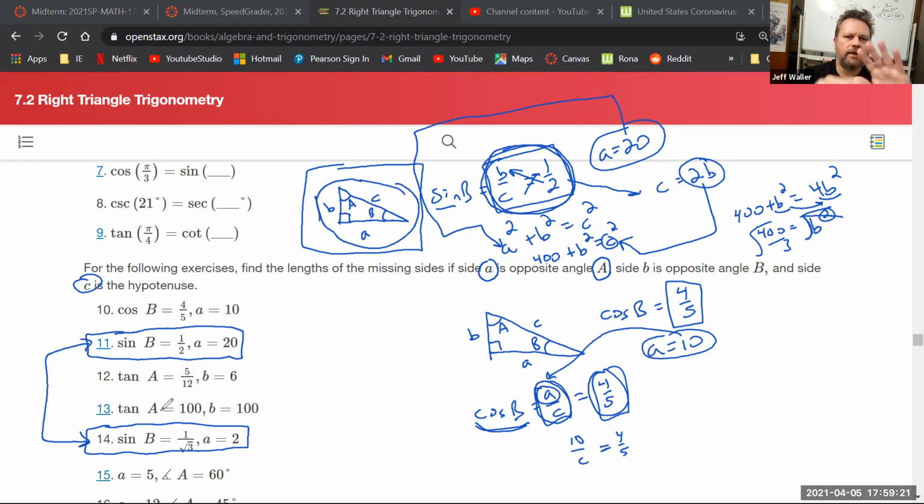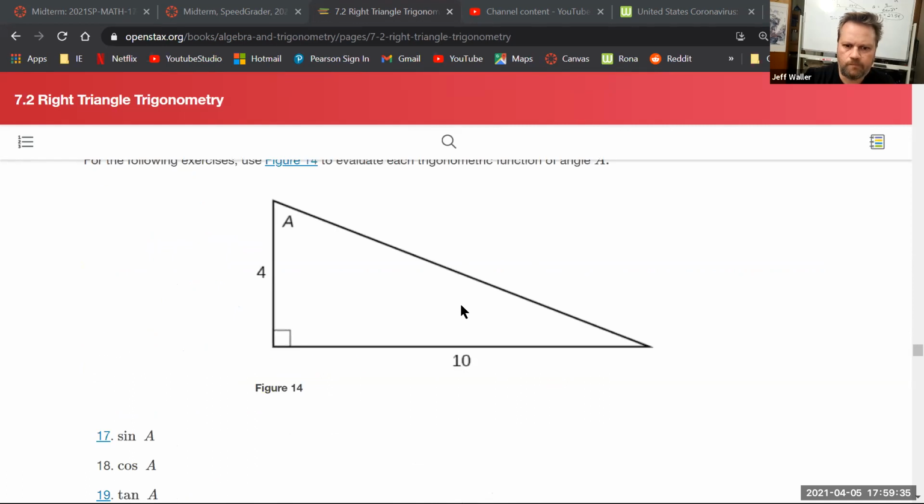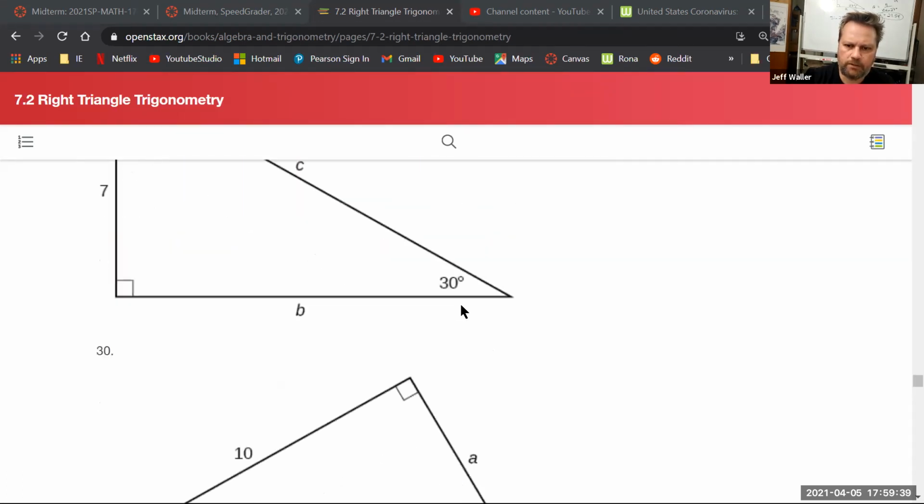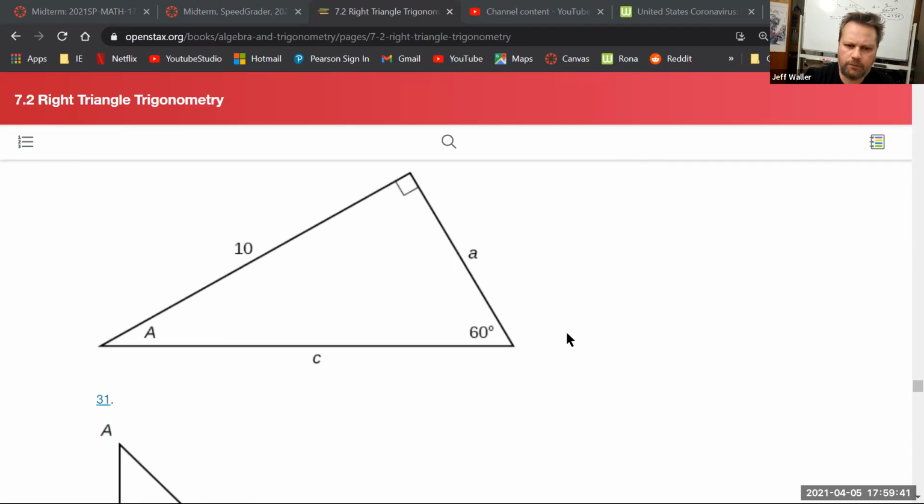Okay. Anything else from homework before we get back in? All right, let me see if there was anything else weird. I don't think too much of this is weird.